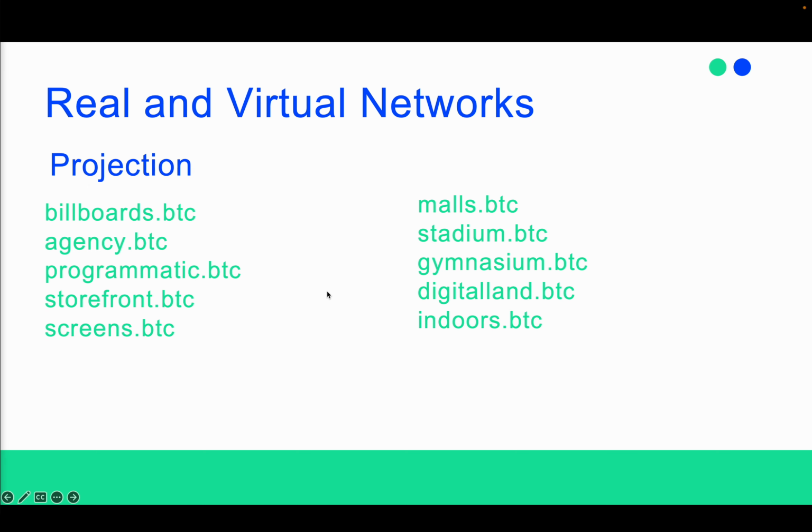Now this, as I was saying, they can do real and virtual screens, and these two can also do real and virtual screens. These are for gyms, stadiums, malls, digital land ads. You can also show them on real screens, but you need to configure the screen to connect to that address, right?